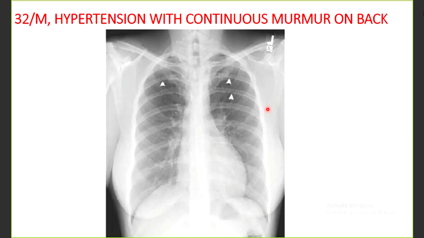Now let us assume this is the X-ray of a patient who is having hypertension, young male, and continuous murmur. Of course, we consider coarctation of aorta as our first clinical diagnosis when you come across such a scenario.